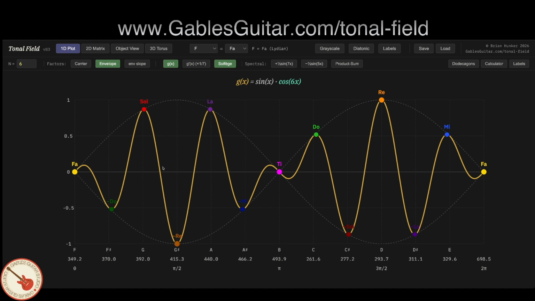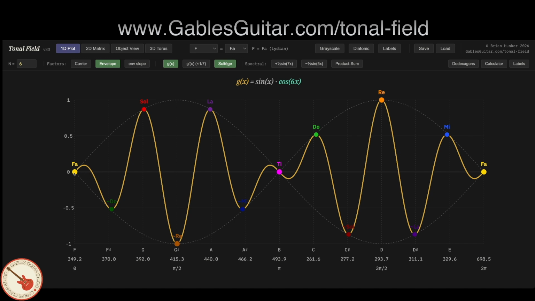So if we're taking into account slope and magnitude of these feature points, we have 12 unique features that map all the 12 tones in a unique way that captures not just where they are, but how they relate to all of the other 11 feature points. So it's a snapshot that tells us everything about tonality, again, from a simple interference pattern.